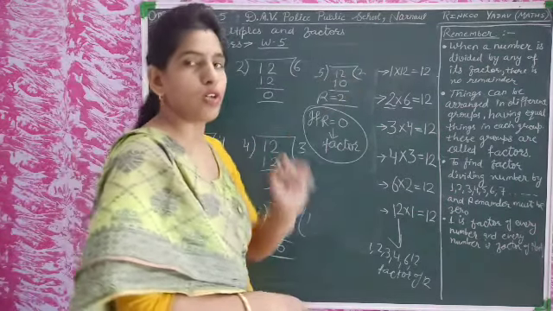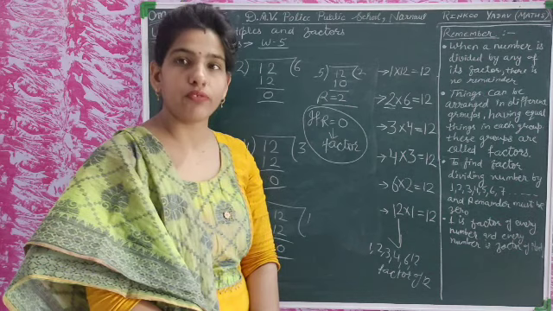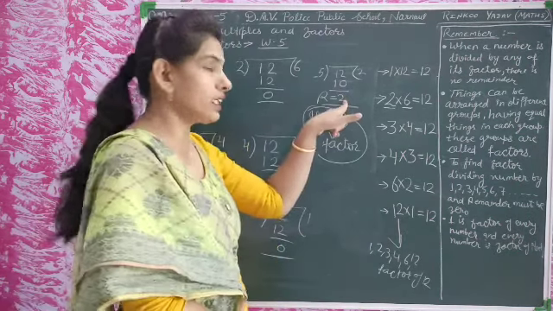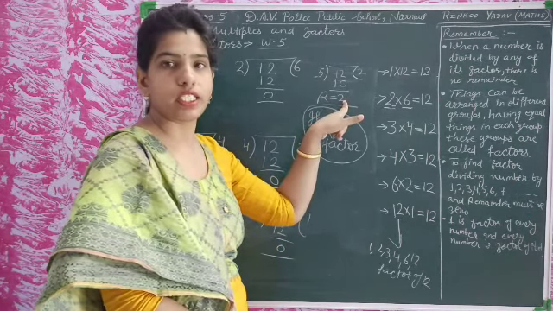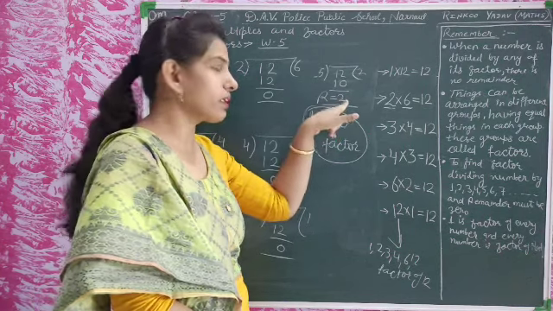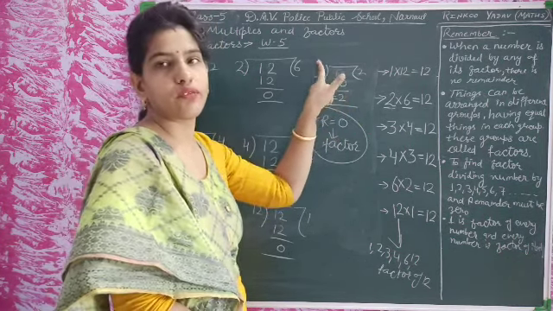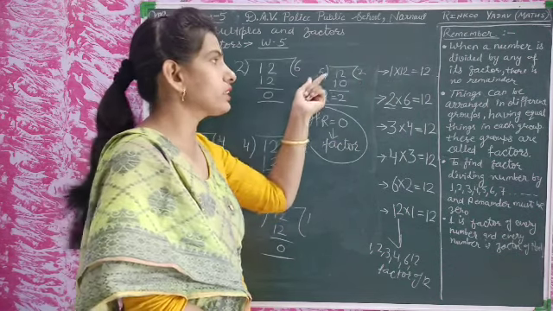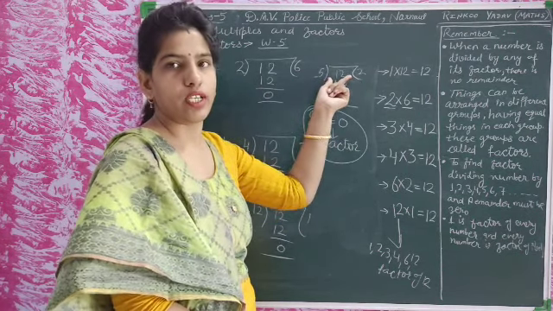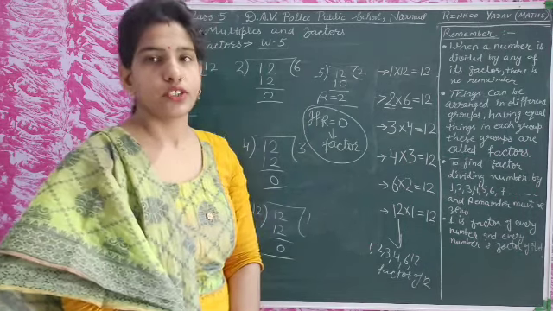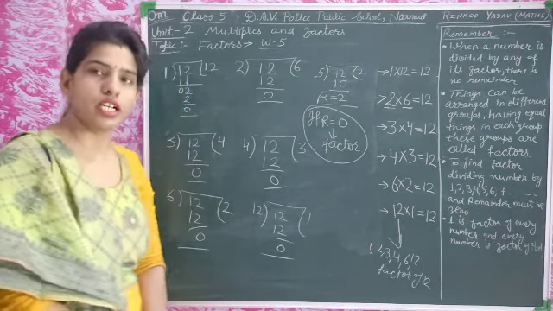If 5 were a factor of 12, there must be the remainder 0. But there is not the remainder 0. There is a remainder 2. So students, this is not a factor of 12. 5 is not a factor of 12. Is it clear? You can solve every question like this.